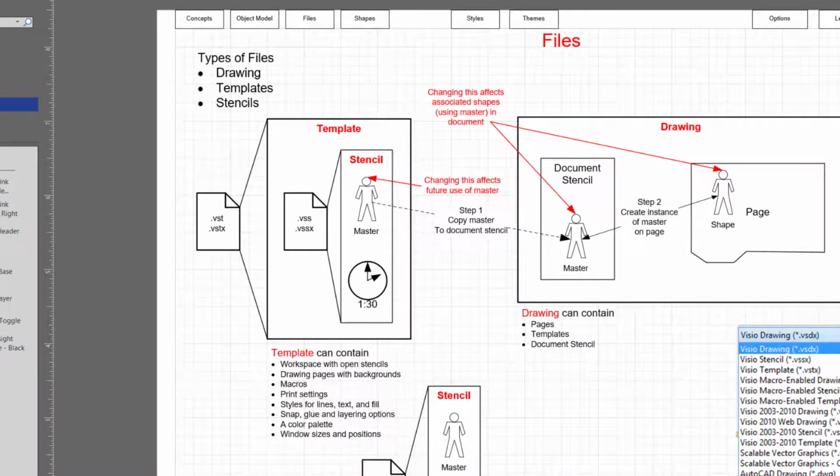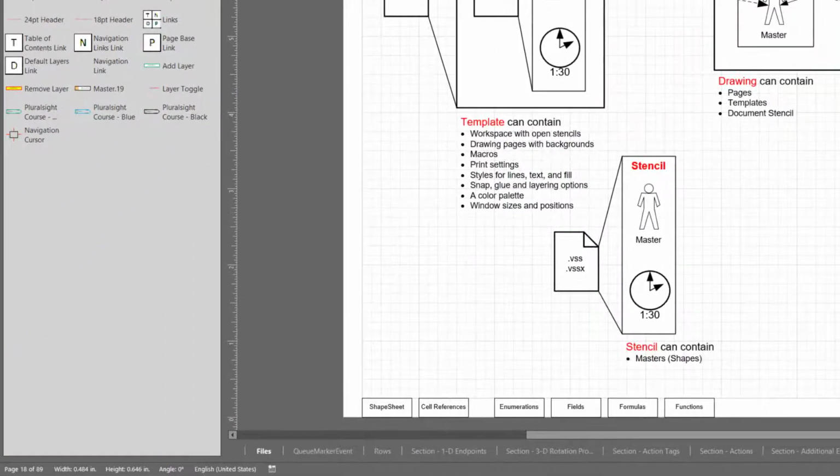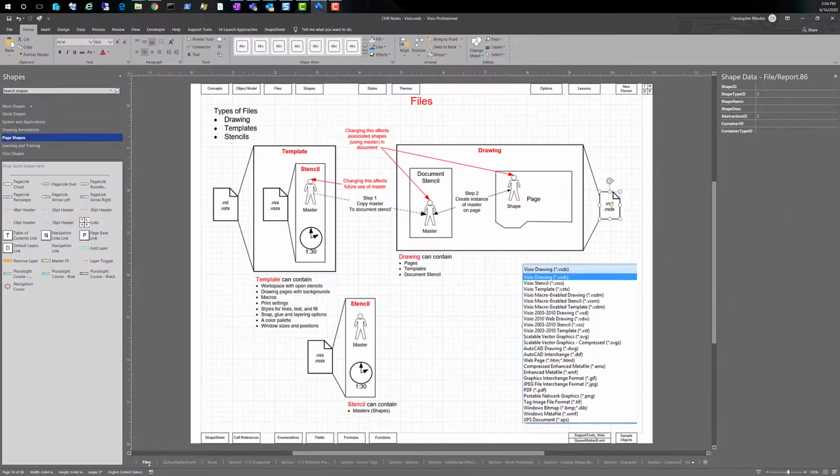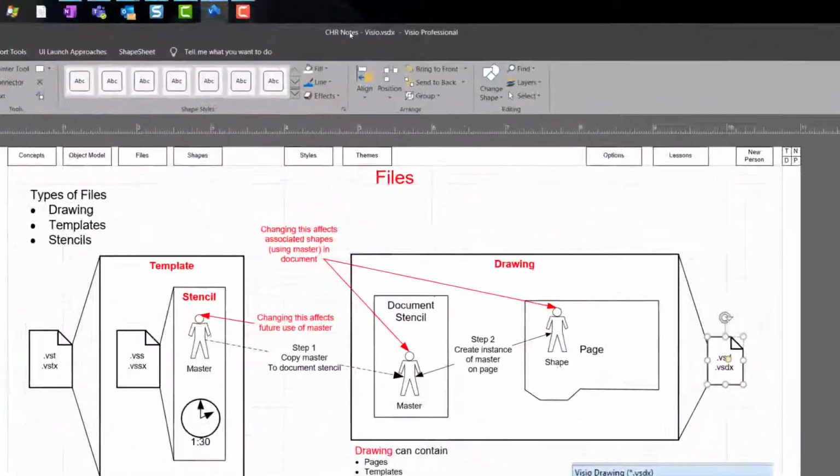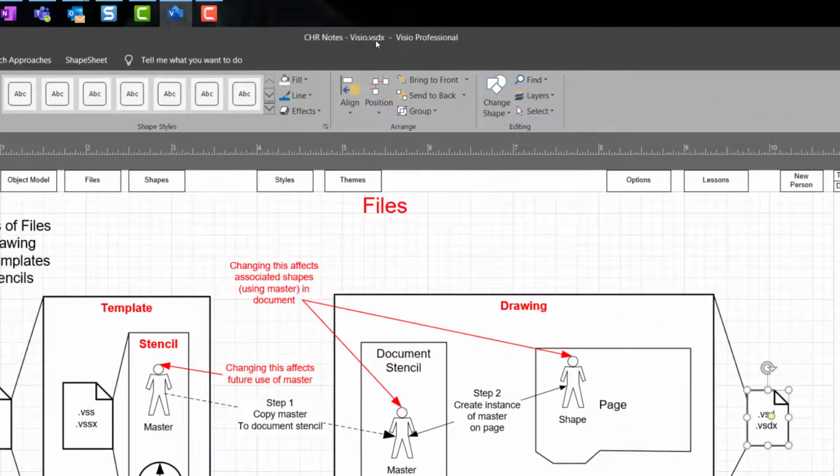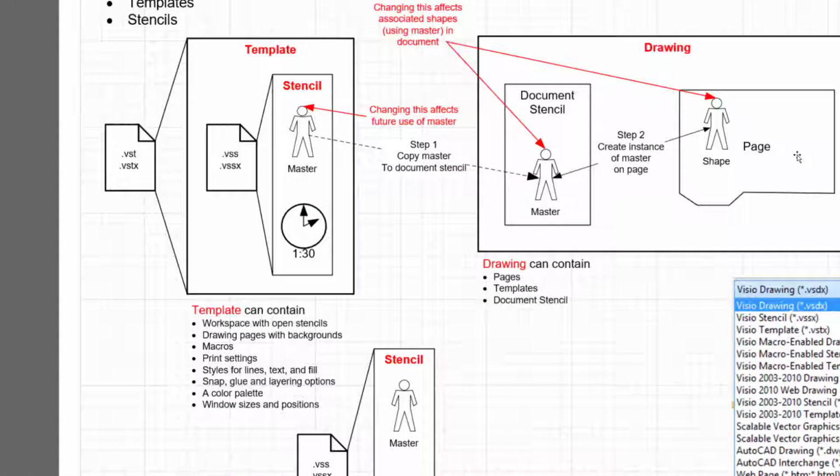In this page here called Files, and you look down here on the page navigation part of the screen on the Files page. So a Visio drawing, which is what we've opened here, CHR notes visio.vsdx, is a drawing, and this drawing has multiple pages on it.